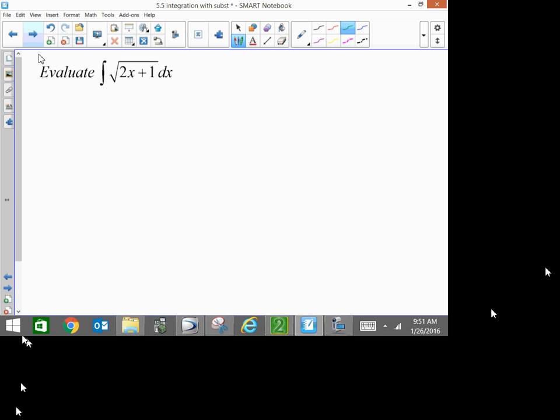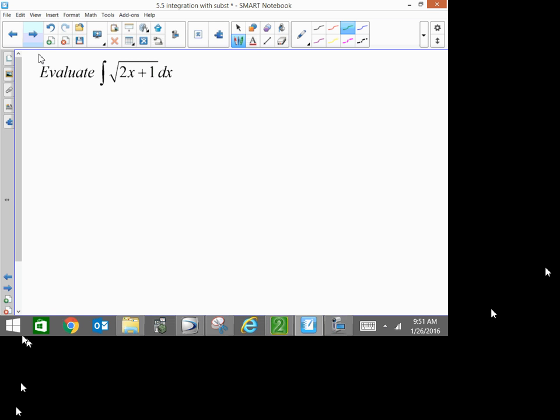All right. Let's try another one. This one isn't nearly as complex. So again, we don't know how to do an integration of a square root of something other than a square root of x. With square root of x, we do x to the 1/2, we do the inverse of the power rule, blah, blah, blah.